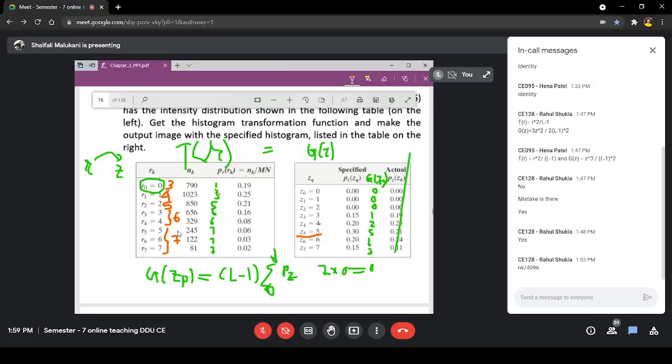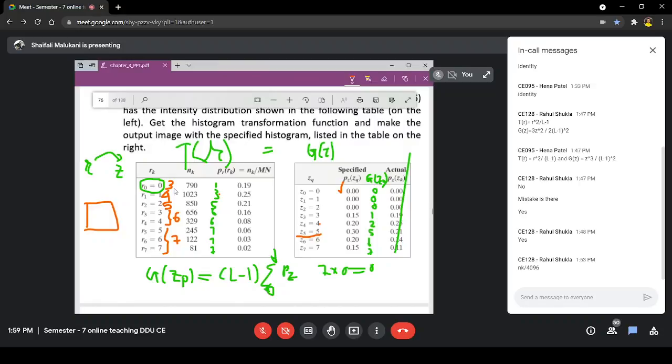So now in my input, all zeros should be replaced with 3, all ones should be replaced with 4, all twos should be replaced with 5, and in that way the image is created, and that will have the histogram as per my desire. So can you tell me how many pixels will have value 3 in my output now?